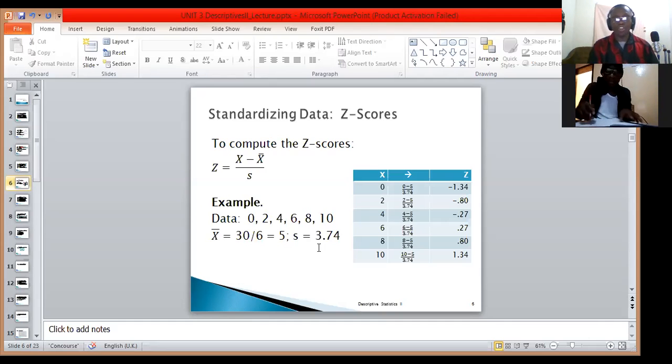So we want to find the Z-score. You have seen the way they have tabulated it here in the table. This is X. We need to subtract the mean, which is 5, and divide by the standard deviation.